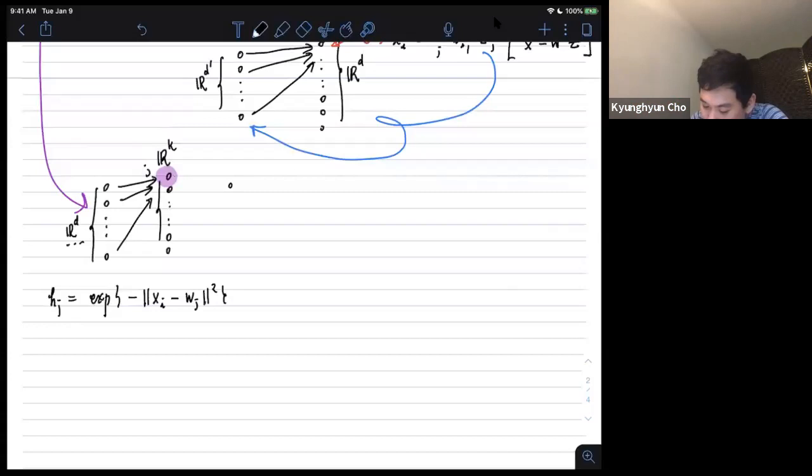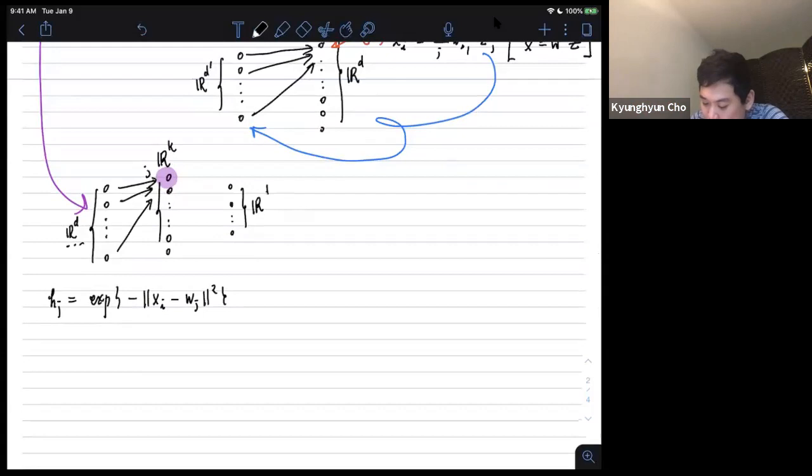After this, we have a layer that outputs the final d prime dimensional vector, computed as the weight matrix transpose times the output from this intermediate so-called hidden layer. This is how we could turn any linear model, including linear regression, logistic regression, support vector machines, or softmax classifiers, into a nonlinear classifier that can solve problems that are not necessarily linearly separable.